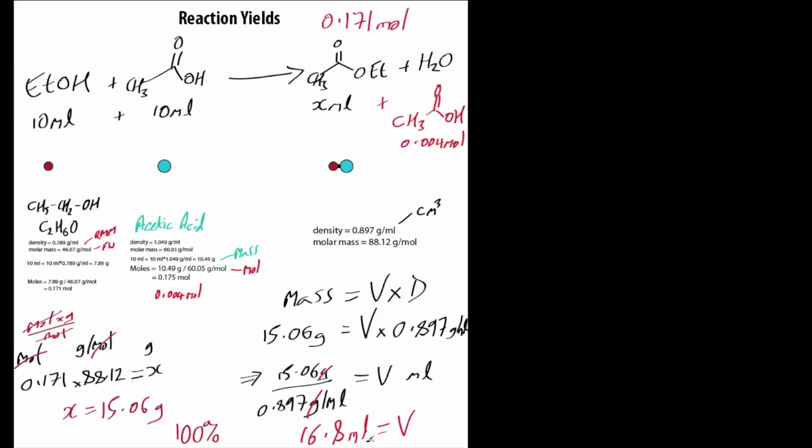So just as a recap, because this is the end of the tutorial now on reaction yields, if we take 10 mils of ethanol, react it with 10 mils of ethyl acetate, we should get 16.8 mils of ethyl acetate.